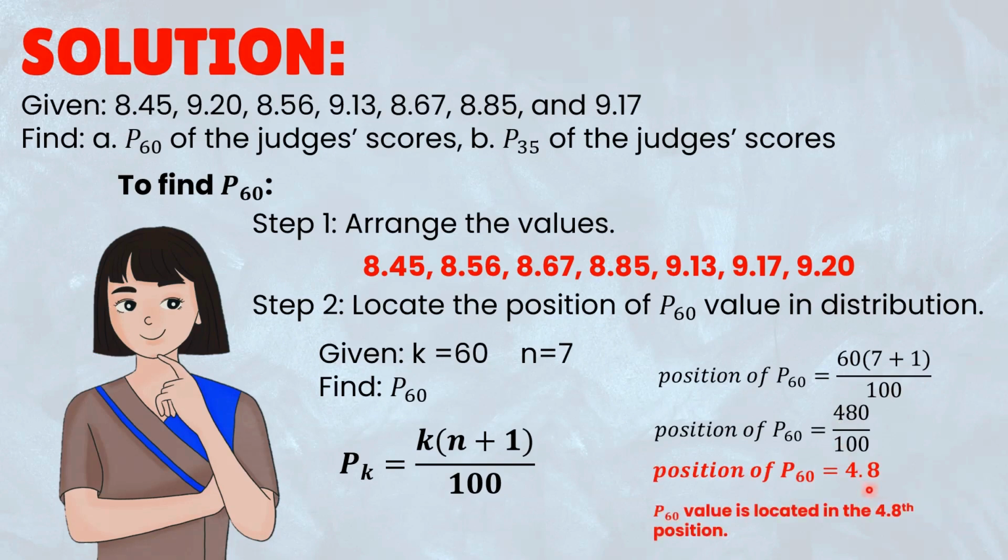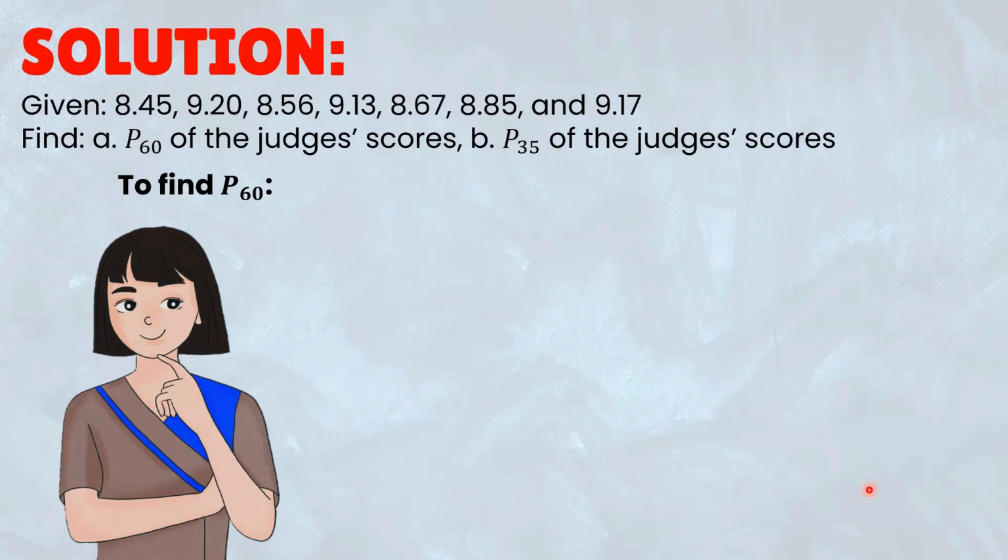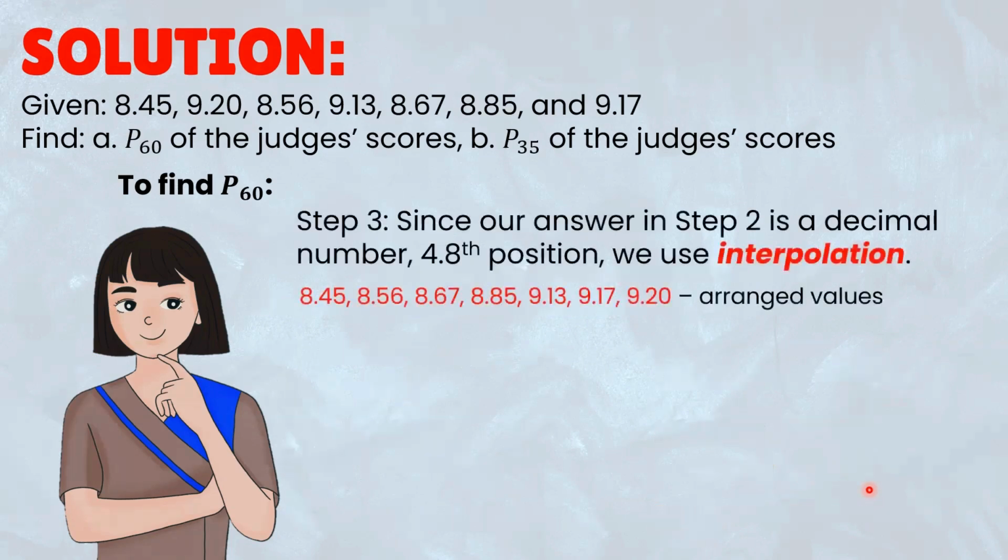Since our answer is a decimal number 4.8, we need to proceed to step 3, which is interpolation. So to perform the interpolation process, we first locate our 4.8 position based on our arranged values in step 1.